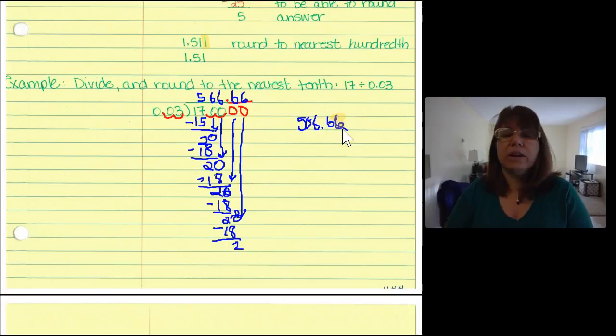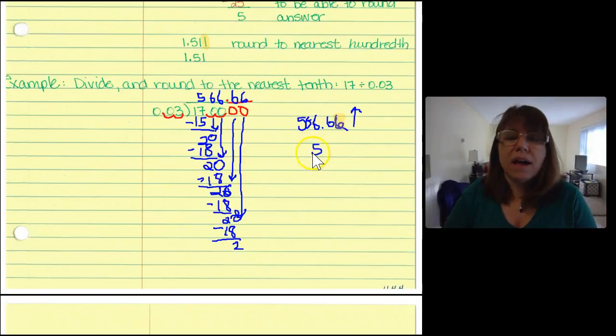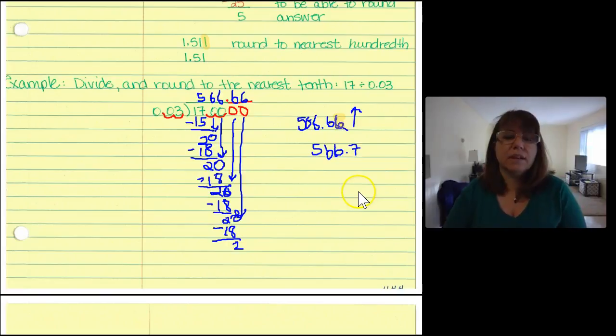Well, 6 is greater than 5, so we will round up. So it's going to be 566 point, add 1 to the 6, 7. And that's it. That's how we round.